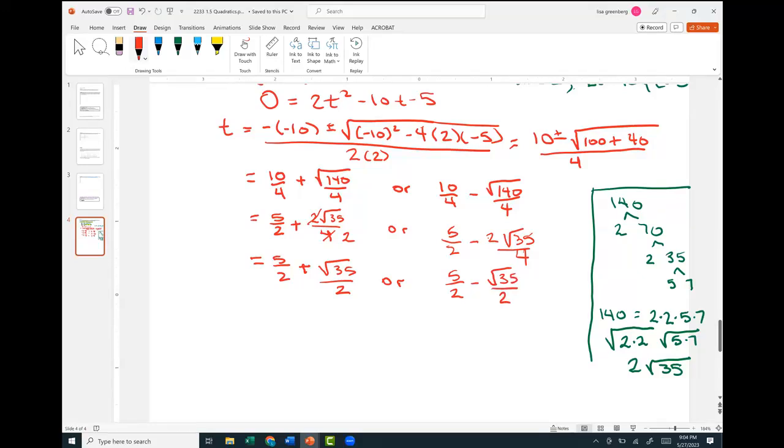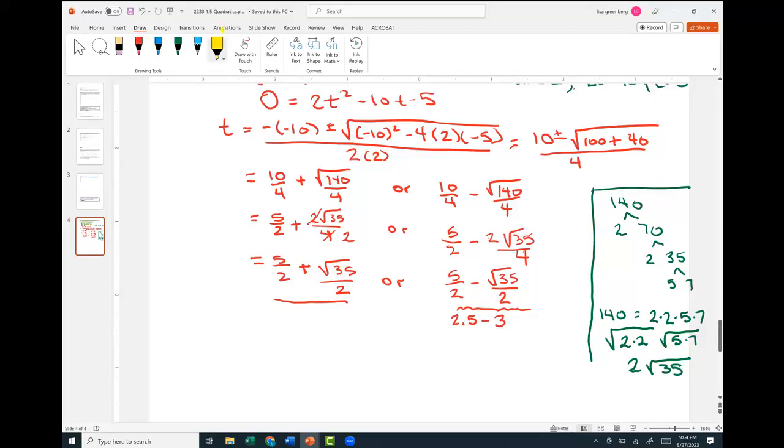Okay, now, before I do anything, I know for sure this is going to be positive, but let's just think about this for one second. This is really 2.5 minus the square root of 35. Let's just say the square root of 36 because it's very close to that. So it's pretty close to the square root of 36, which would be 6. And 6 over 2 is 3.